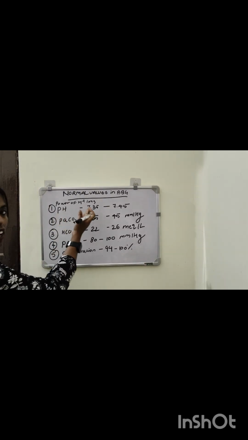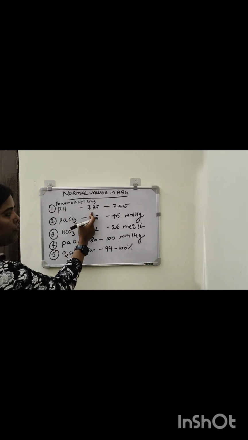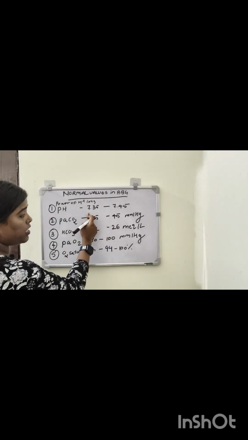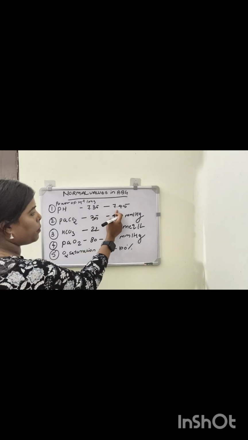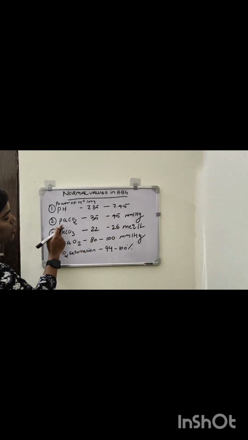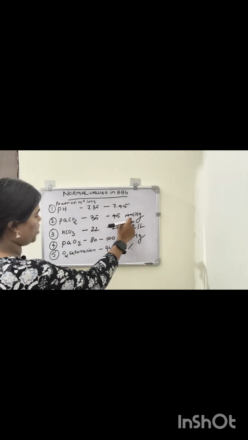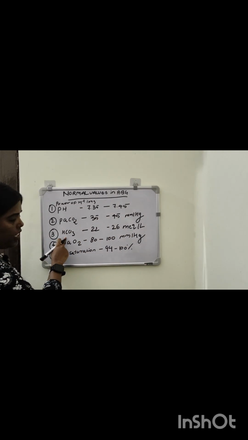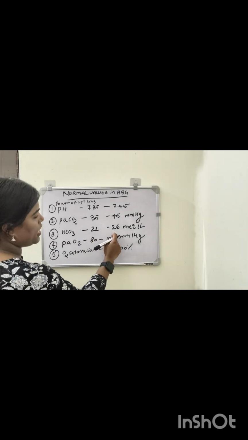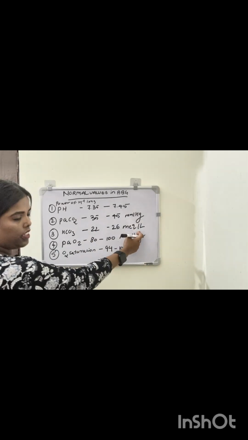So, what are the normal values in ABG? pH, the power of hydrogen ion, is 7.35 to 7.45. The partial pressure of carbon dioxide is 35 to 45 mm Hg. Bicarb level is 22 to 26 milliequivalent per liter.